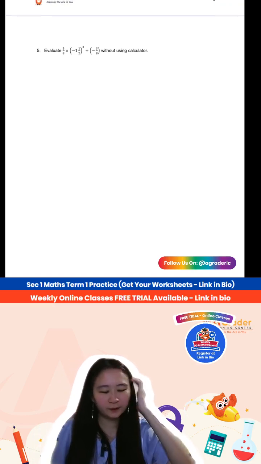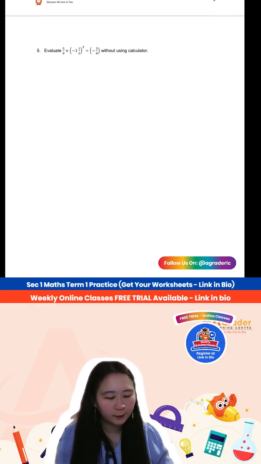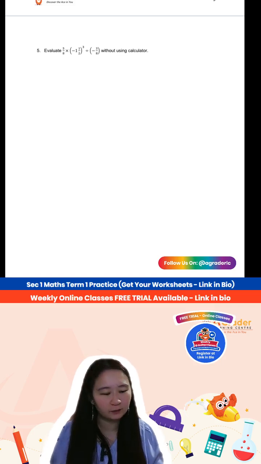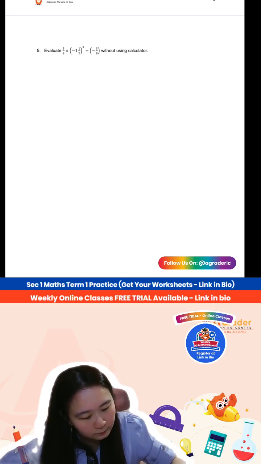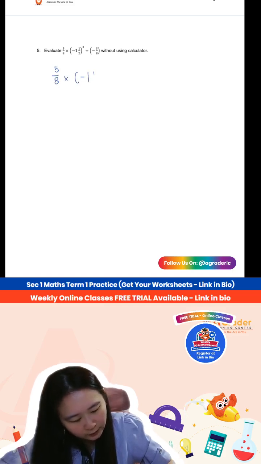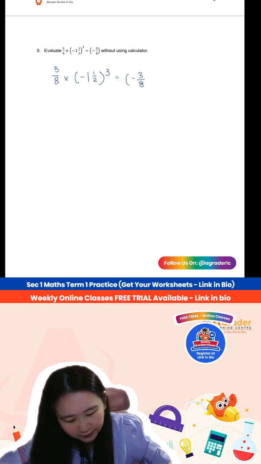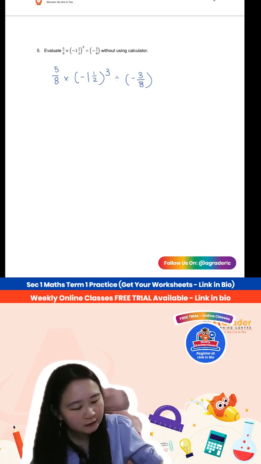Okay, evaluate 5 over 8 times negative 1.5 cubed divided by negative 3 over 8 without using a calculator. We can follow the order of operations here.